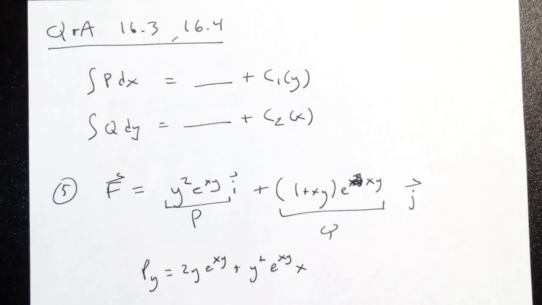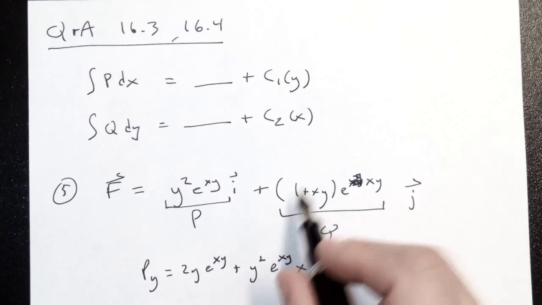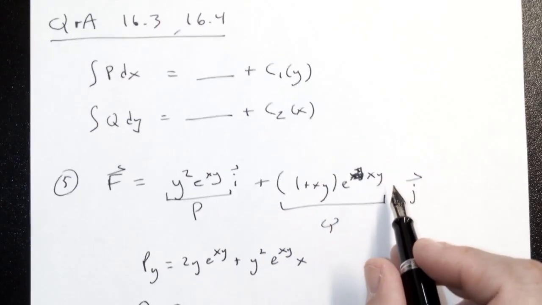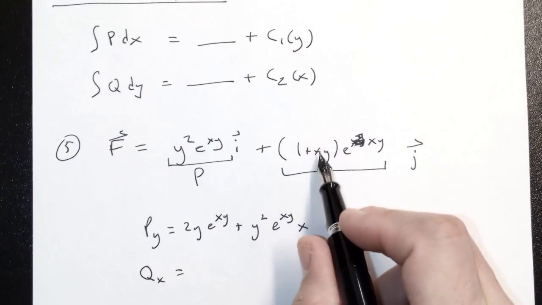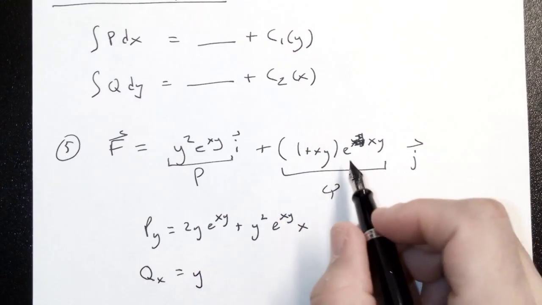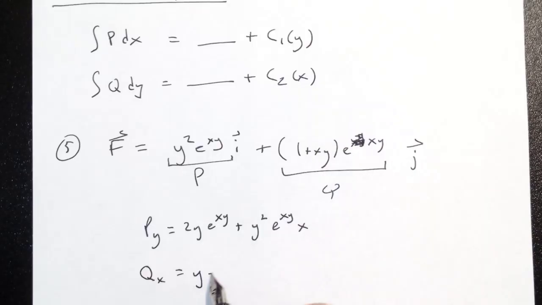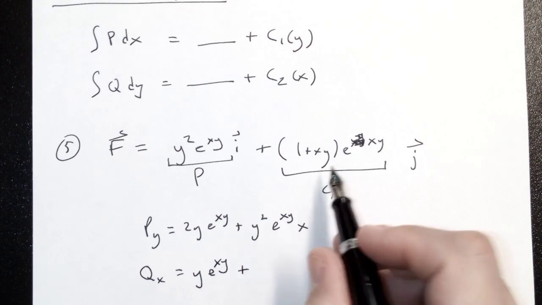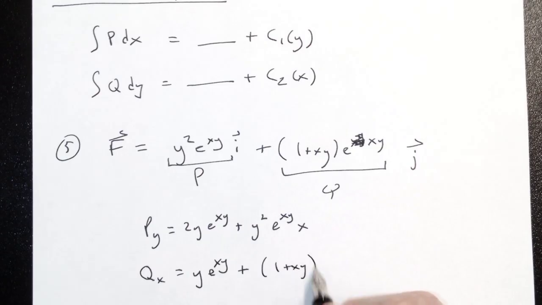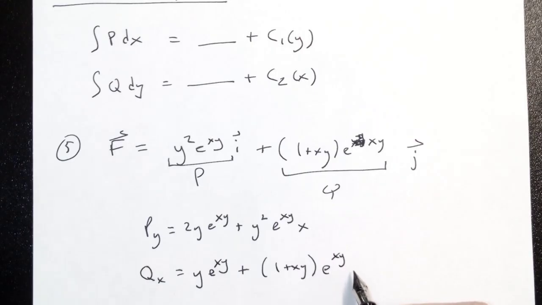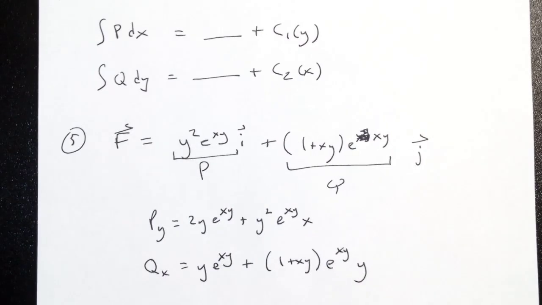I look at Q_x, which is again chain rule and product rule. The derivative of this is y times e to the xy, plus, leave this alone, the derivative of e to the xy is e to the xy, chain rule, derivative of xy with respect to x is a y. My first reaction is, well, these don't look the same.